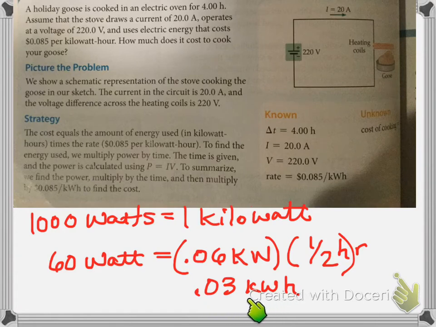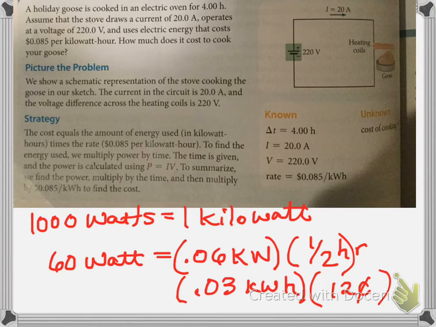And then that could be multiplied times the cost per kilowatt hour of electricity to figure out how much that light bulb costs to run. And I think in Kansas, our average is about 12 cents per kilowatt hour.